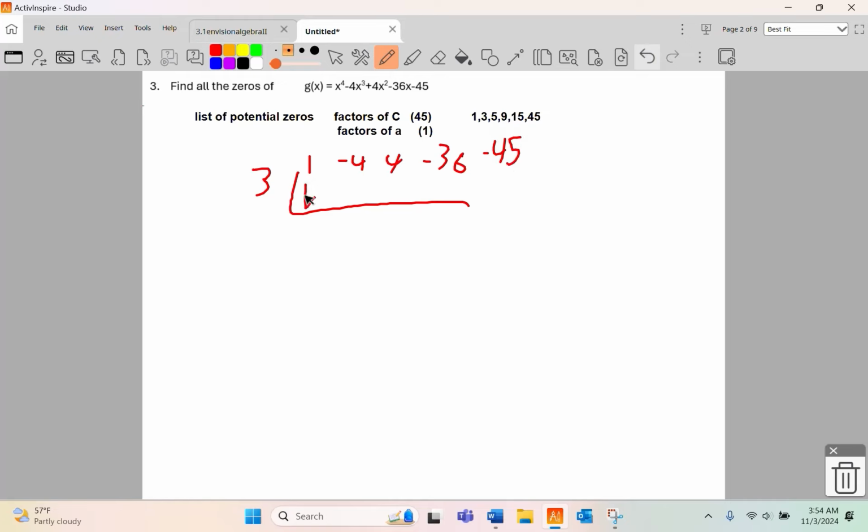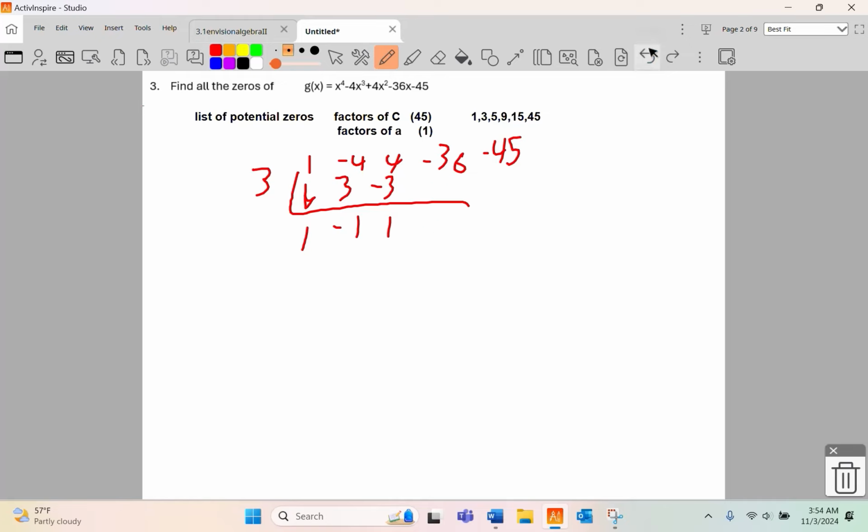We're going to drop the 1. 3 times 1 is 3. We're going to add and get -1. 3 times -1 is -3. We're going to add and get 1. 3 times 1 is 3. We're going to add, and we're going to get -33. And I'm just going to stop because that's obviously not going to work.